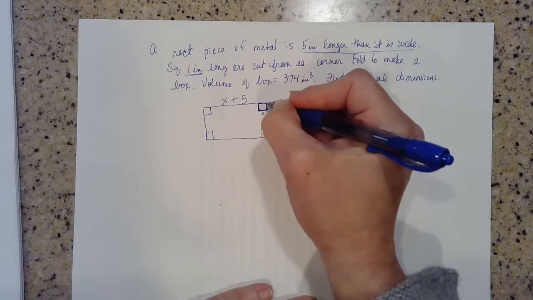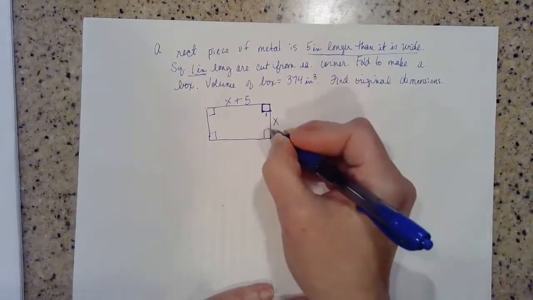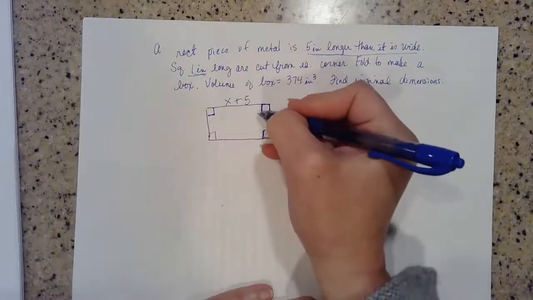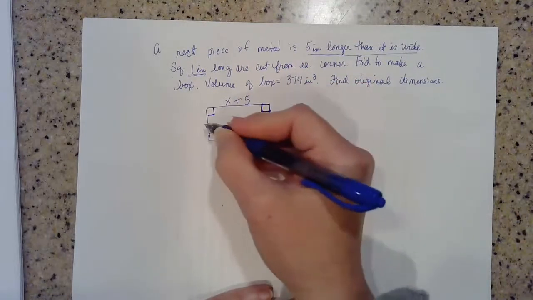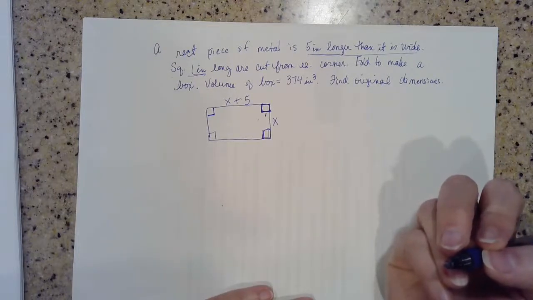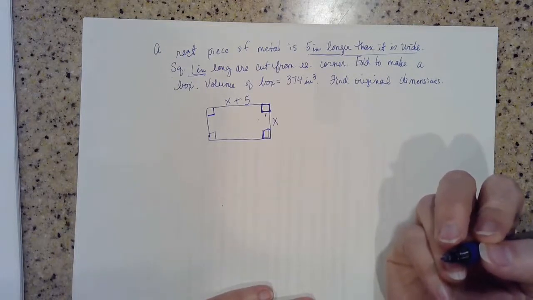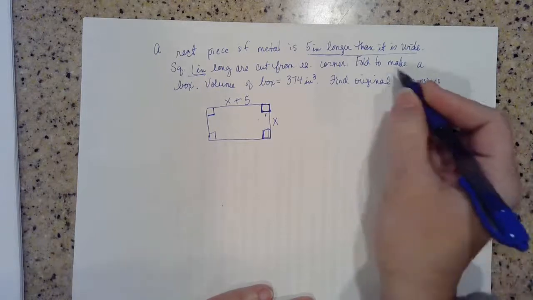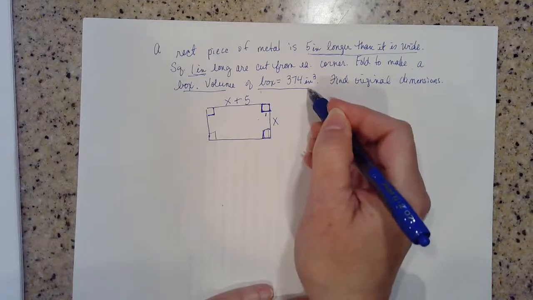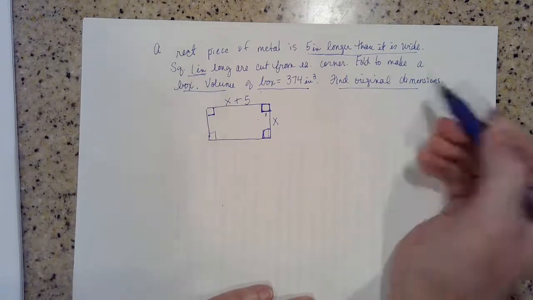Whenever you clip the corners out, you could then fold the flaps up, and it would make an open-topped box, sort of a bin. This box then has a volume of 374 cubic inches. From those clues, we can figure out what x is.